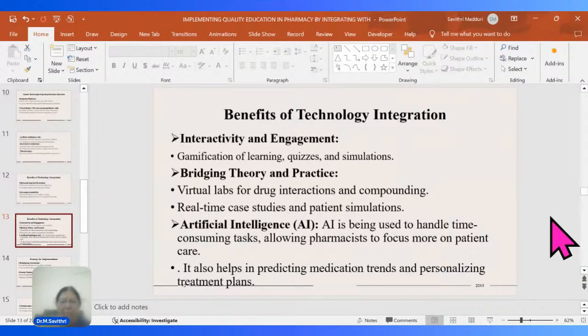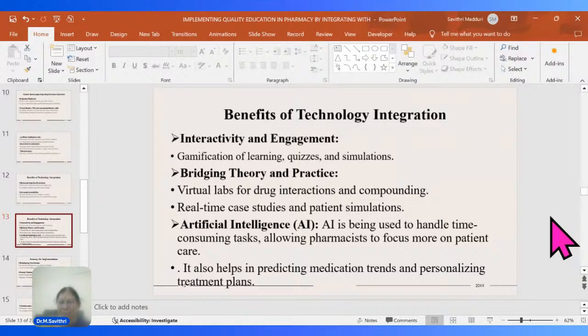The theory is like this, in practical it is like that, the same thing we are doing, where you have to learn the practice and practicals also, so that it will be easy for you tomorrow when you join an industry. So for that, virtual labs for drug interactions and compounding.